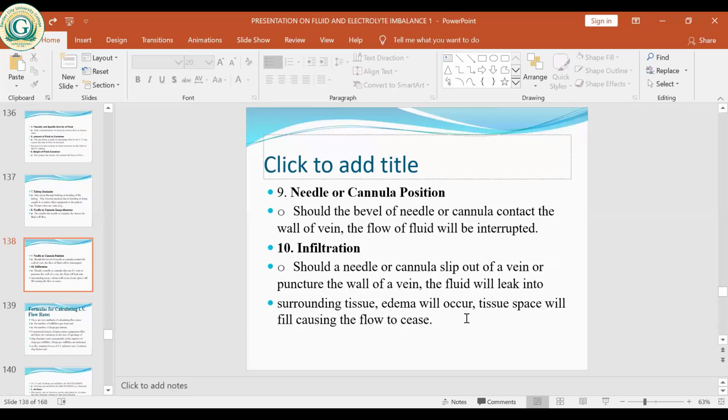Therefore, the infusion will never flow. So you pull the cannula back a little and it starts flowing. So always make sure that the position of the needle is very, very important.